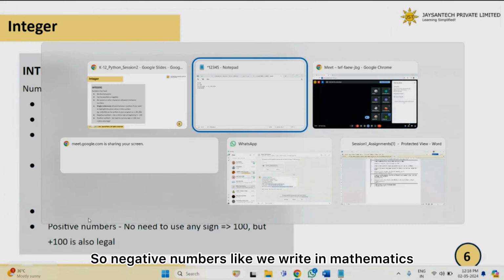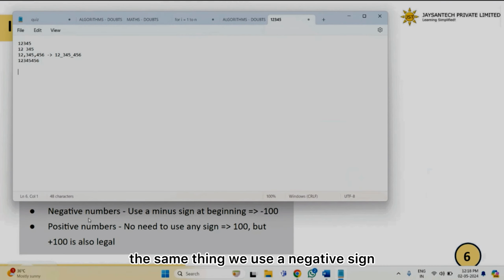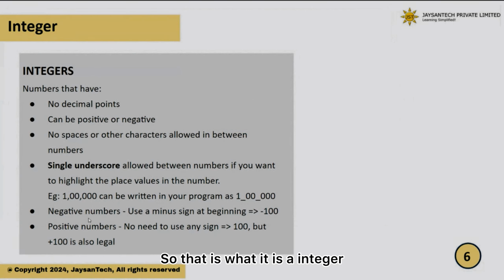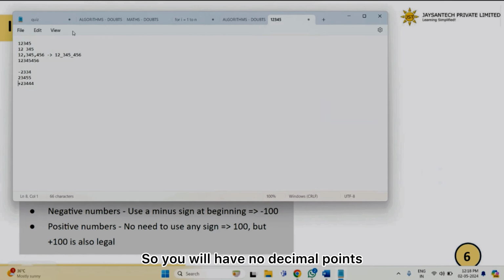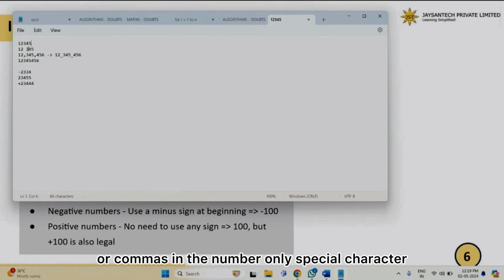Negative numbers we write like in mathematics, using a negative sign, so minus 234. Positive numbers I can write plainly, or even include a plus in front of it, which is not an error. You need not do it, but if you do, it is not an issue. So that is an integer: no decimal points, no dots, no spaces or commas in the number.